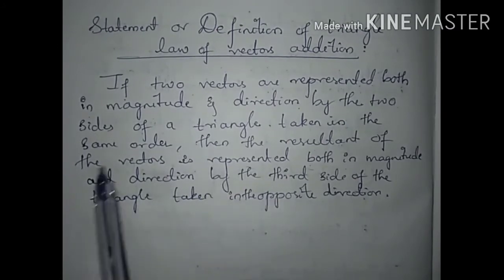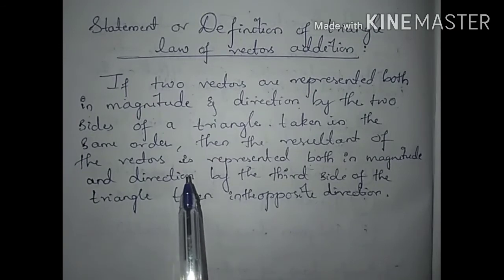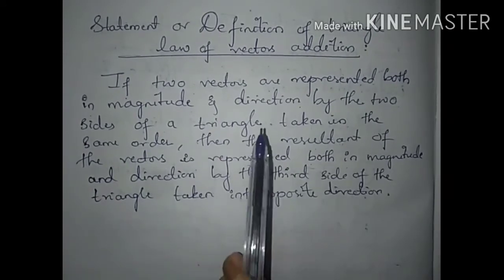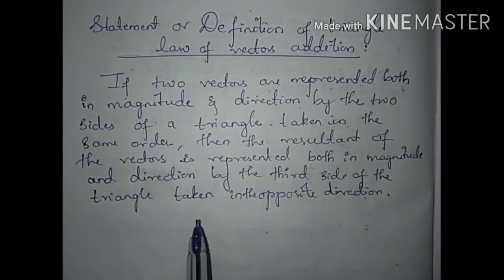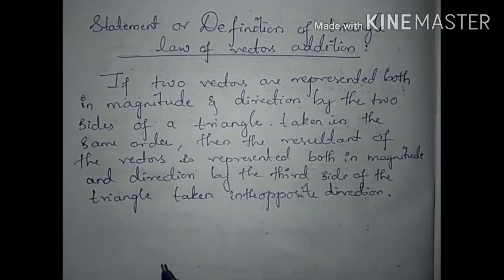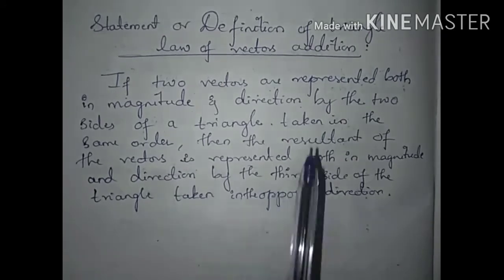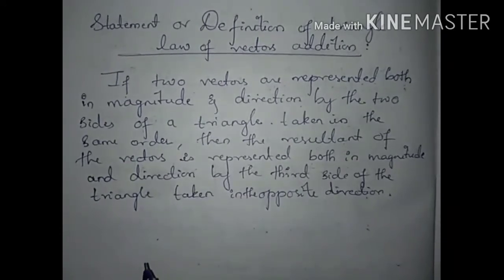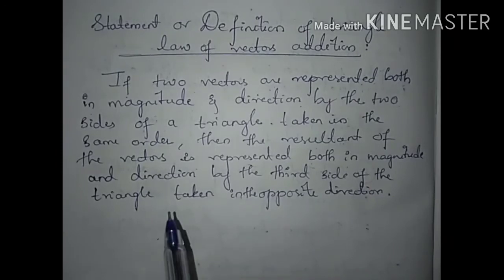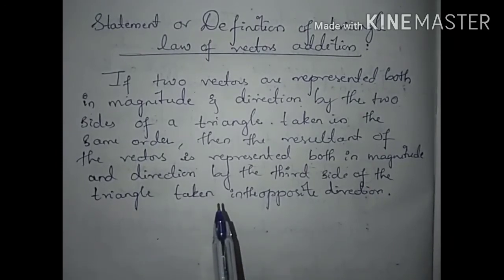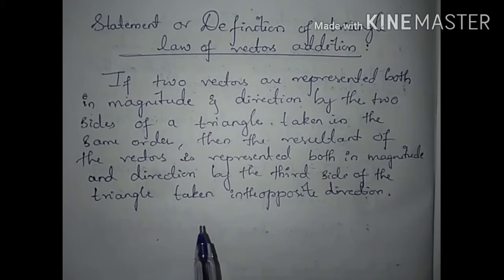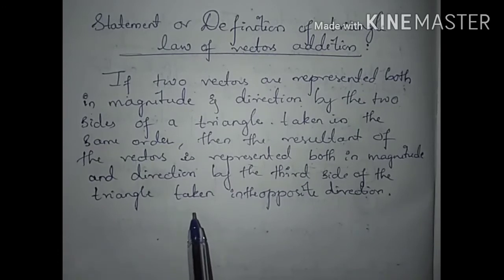If these two vectors are the two sides of a triangle, then the resultant of the two vectors can be represented by the third side of the triangle, but this should be taken in the opposite direction to the two vectors. So this is the triangle law of vector addition. This triangle law of vectors addition, parallelogram law of vectors addition and polygonal law of vectors addition are important concepts.